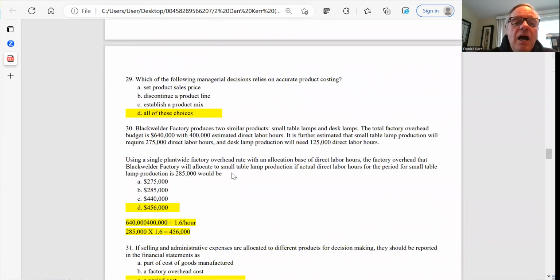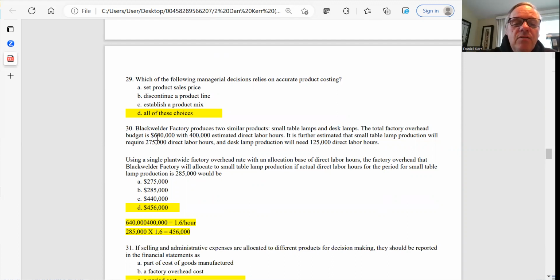Okay, let's see what they want us to do. Using the direct factory overhead rate with an allocation base of direct labor hours, what is the factory overhead that will be allocated to the small table production if actual labor hours for the period for the small table were 285,000? So what you have to do is come up with your plant-wide overhead rate.